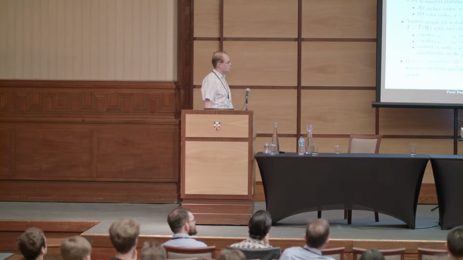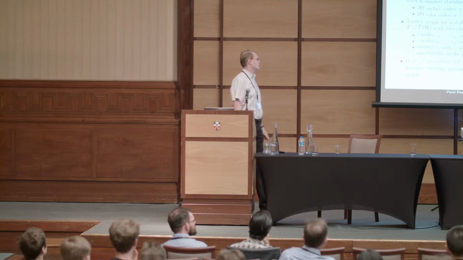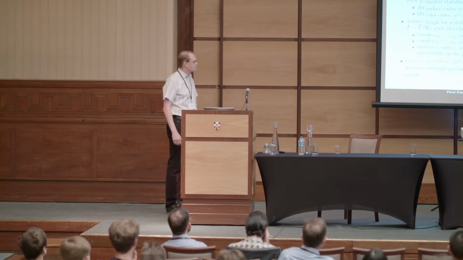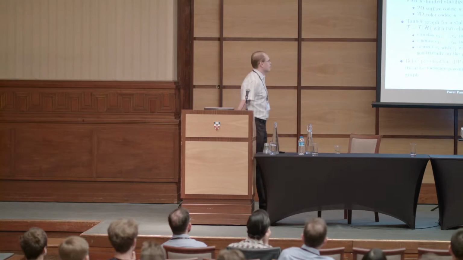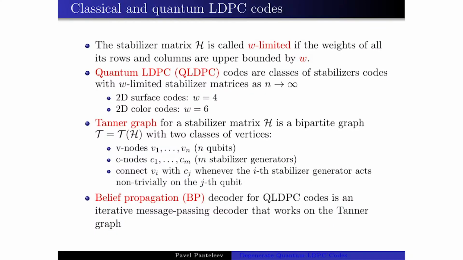One of the most important and widely used algorithms for general QLDPC codes is the so-called belief propagation decoder. It is a kind of iterative message passing decoder that works on these Tanner graphs.